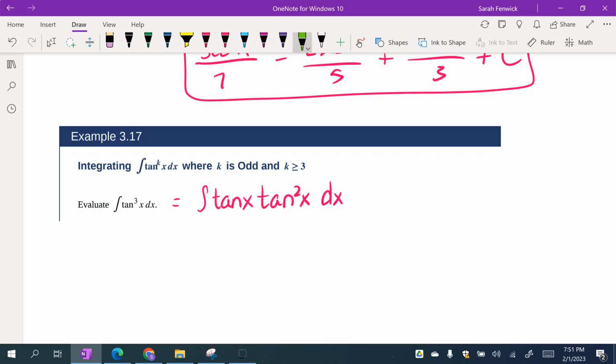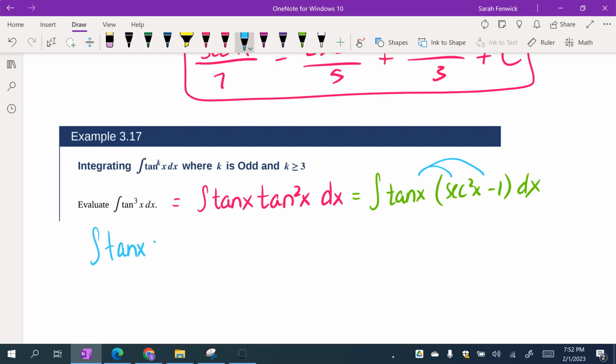Then we're going to rewrite tan squared as secant squared x minus 1. We are going to distribute our tan. So we have the integral of tan x secant squared x minus tan x dx.